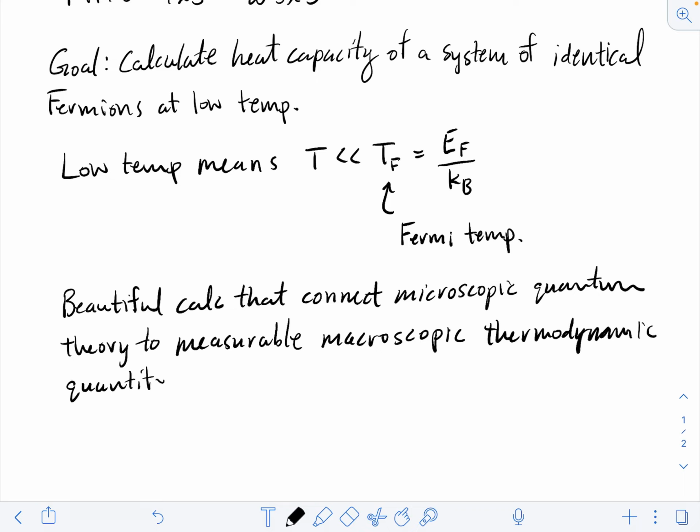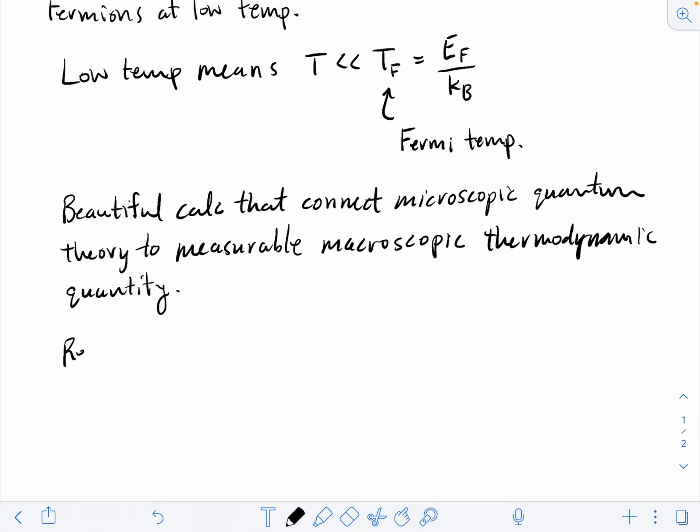I can take a bath of liquid helium-3 and measure its heat capacity. But the calculation we're going to do starts with some fundamental principles that we really arrived at by thinking about wave functions in the beginning.